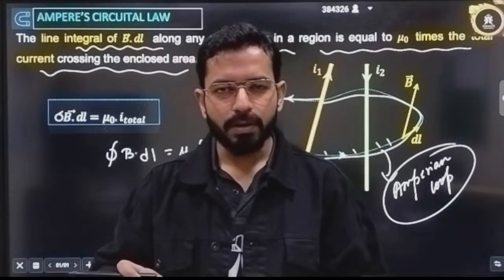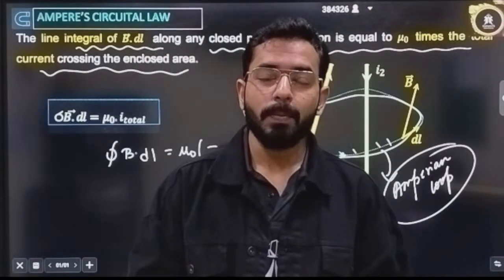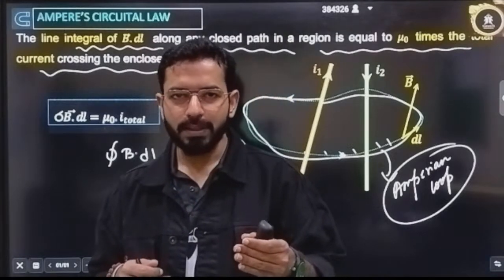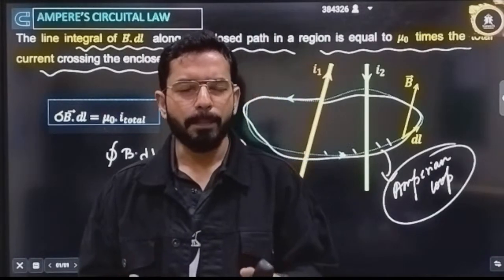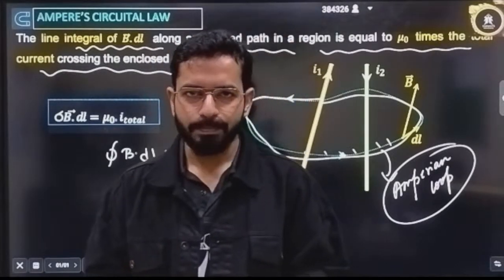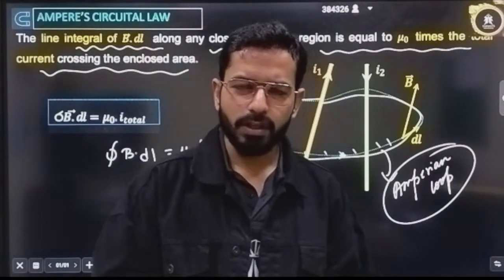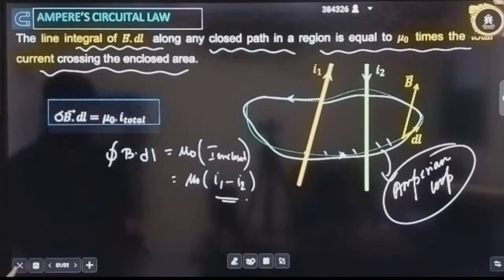But from the board's point of view, I suggest going with the conventional method, because the more you write in the copy, the more marks you get. In competitive exams or for understanding, Ampere's circuital law is good. If you understand it, you can easily derive anything. I will tell you how. It is very easy.